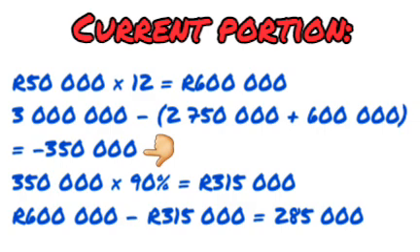Now, if they didn't say anything about a decrease in interest, this would have been the amount of interest you would have subtracted from the 600. But they told us that this interest next year is going to decline by 10%. So you decline it by the 10%, which is why we multiplied by 90 and it gave me 315.